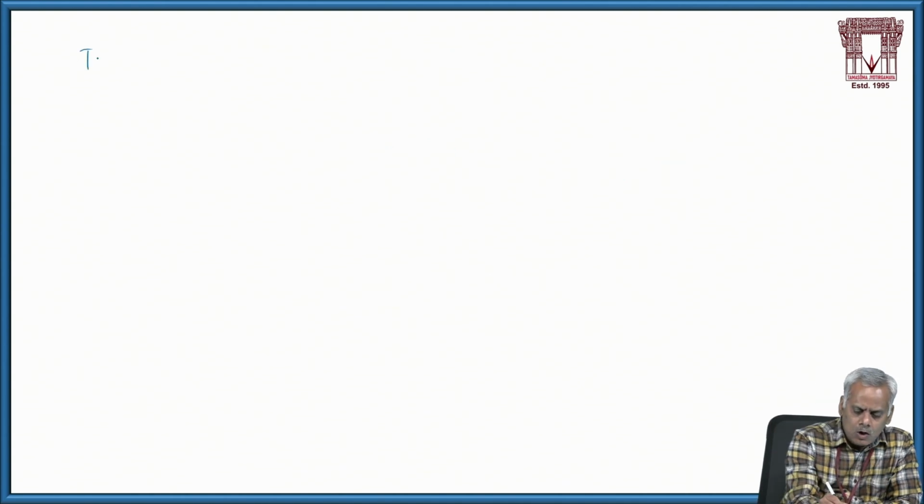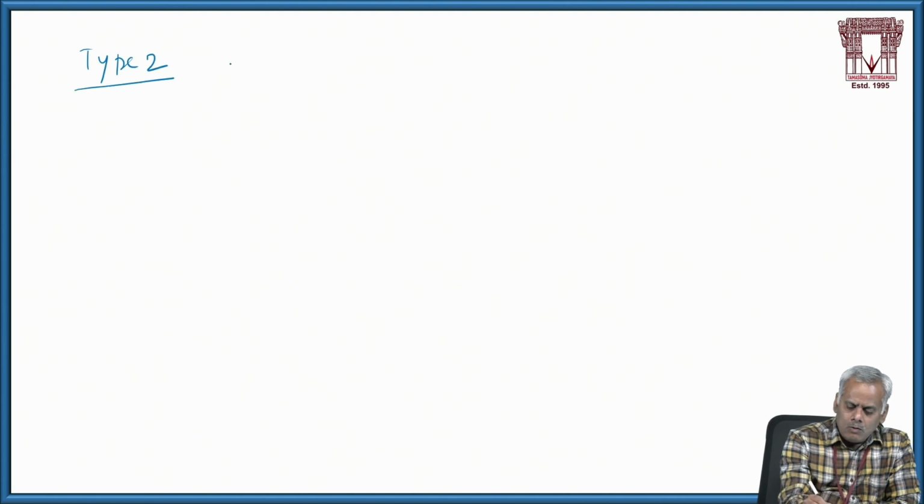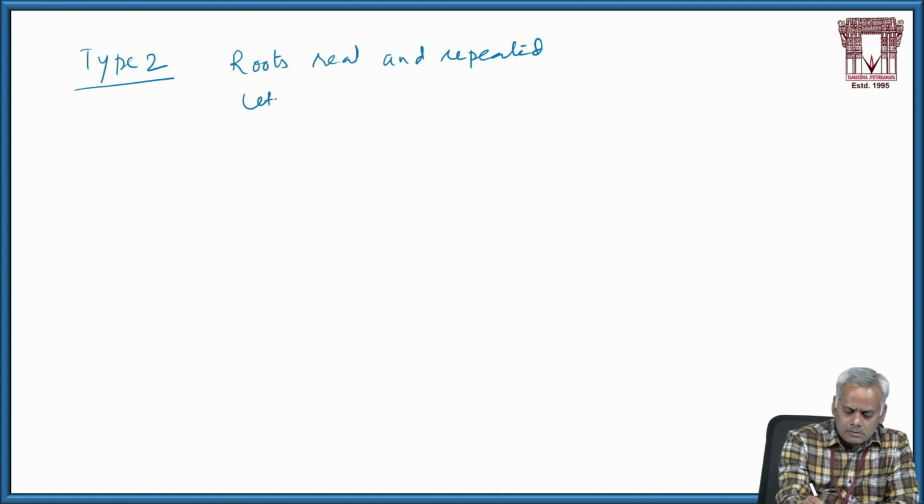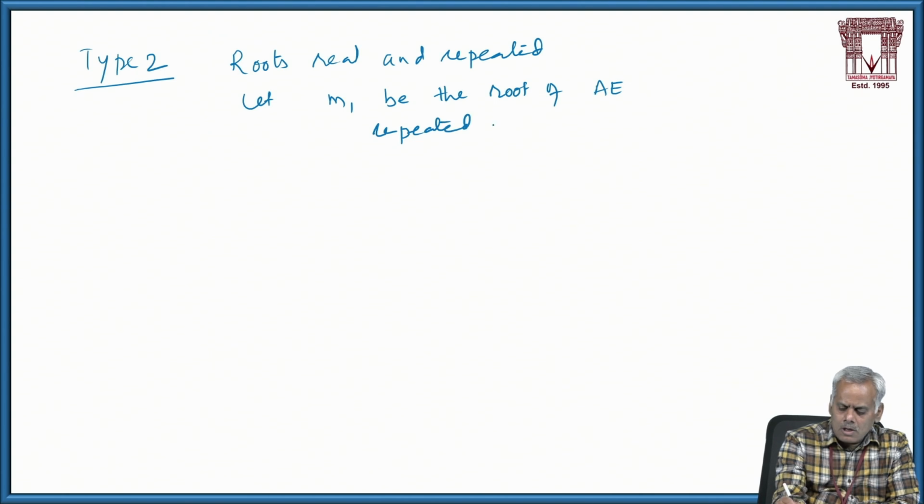Now case 2 or type 2. When roots are real and repeated. Let m1 be the root of the auxiliary equation repeated r times.